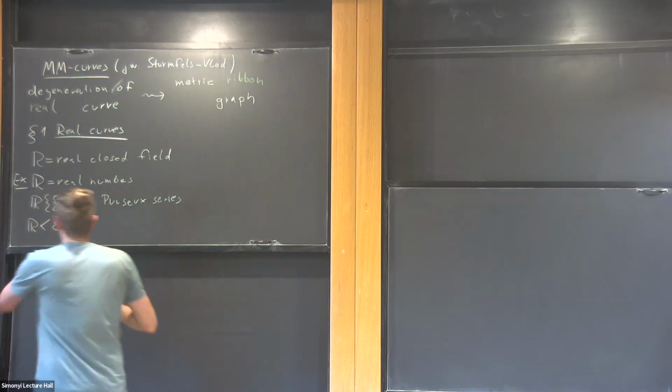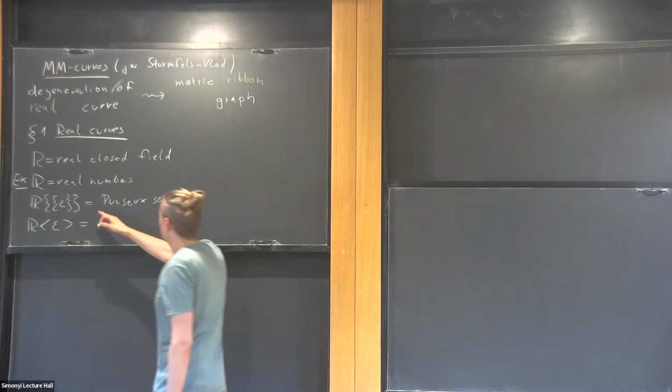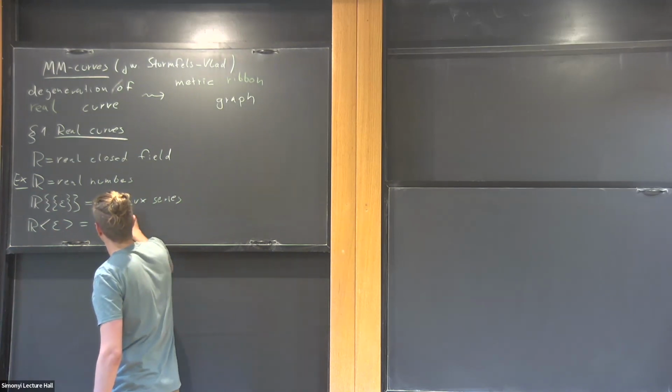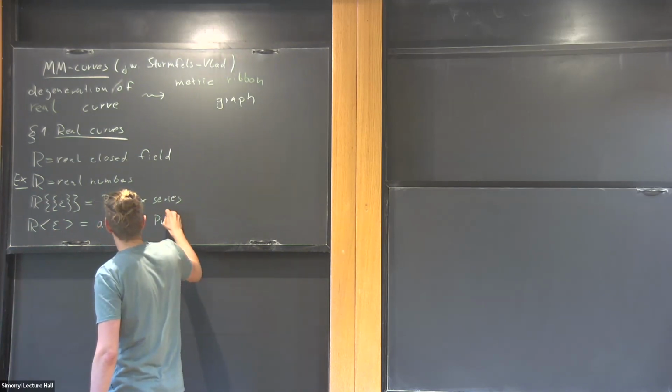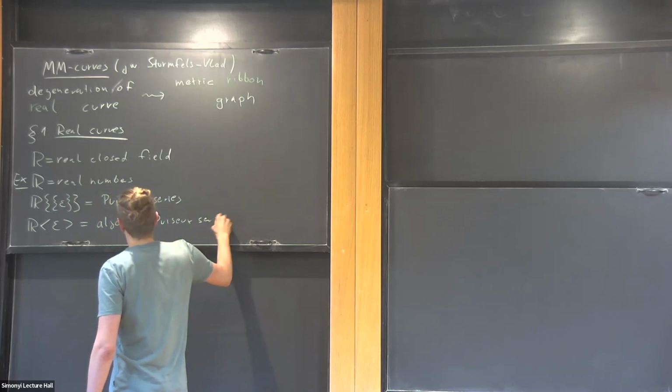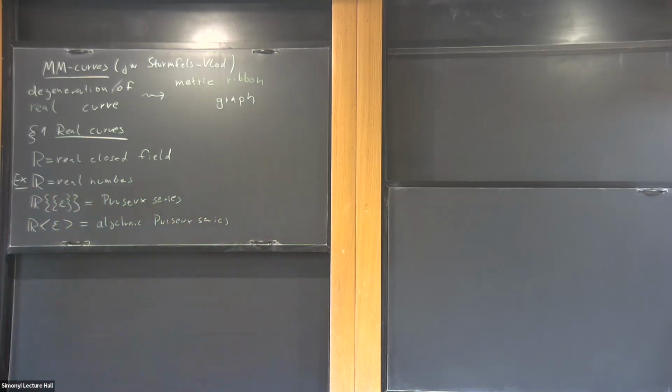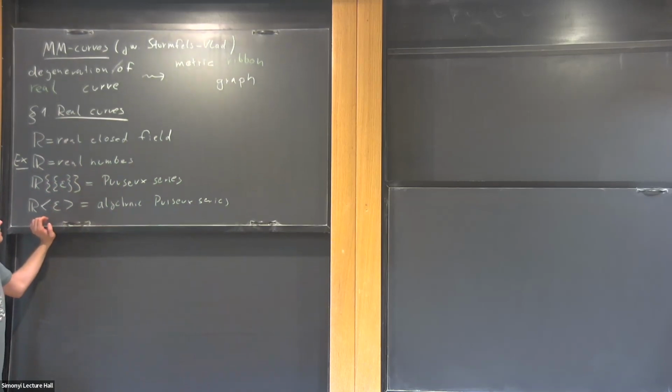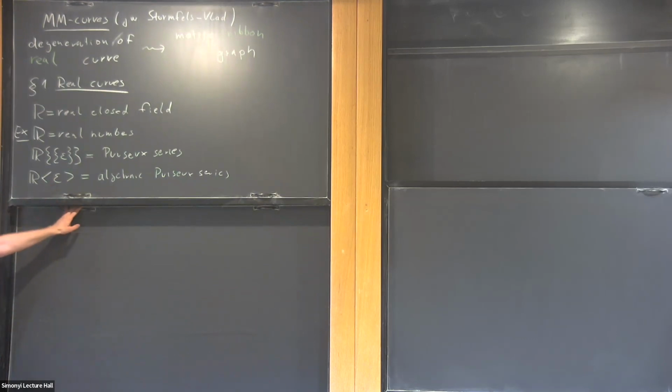And the field that I prefer to work with is the field of algebraic Puiseux series, which is all Puiseux series that are algebraic over the function field in epsilon. The nice thing is that these elements can be identified with semi-algebraic functions. So these really correspond to some functions, at least in a small neighborhood.